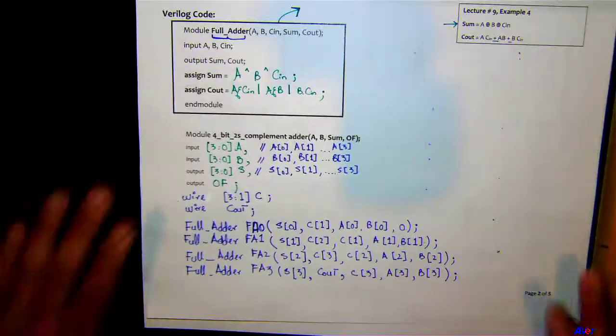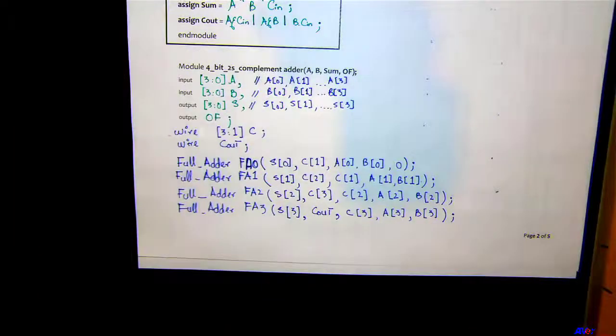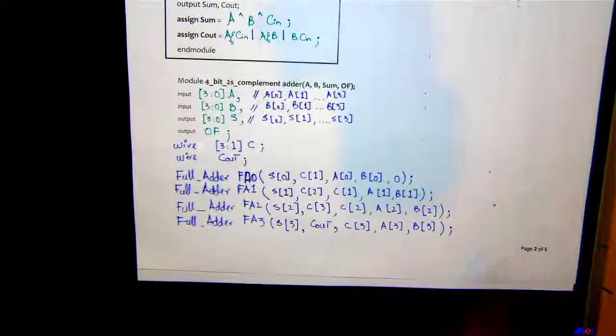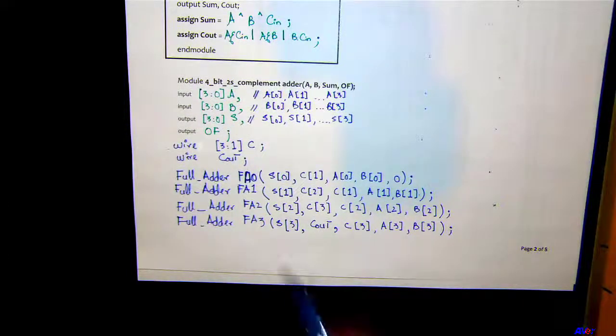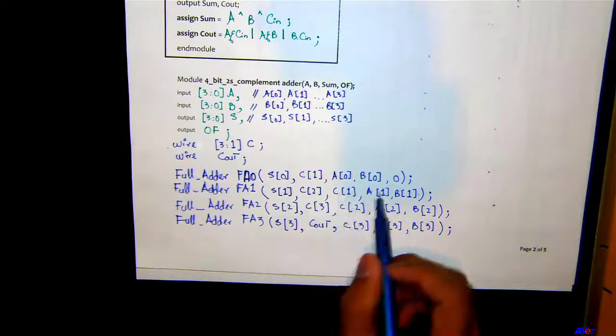And this is actually your code, which is going to take a 4-bit number and add it. Okay. Notice all of these have 5 variables in there, right? 1, 2, 3, 4, 5. 1, 2, 3, 4, 5.